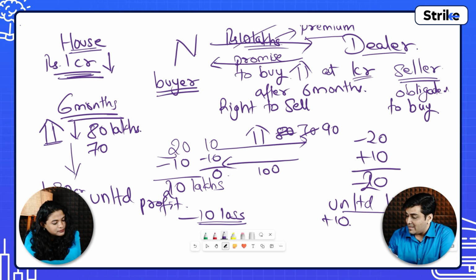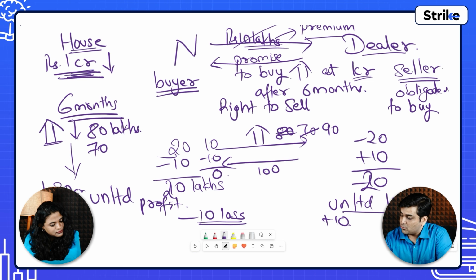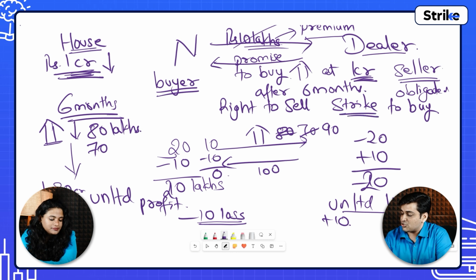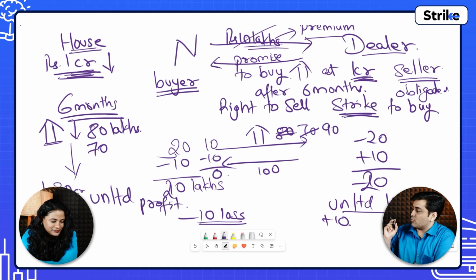So you would be happy to exercise your contract and go to the dealer if the price of the house falls below this particular value, 1 crore. This is called the strike price. It's not about web.strike.money, it's market lingo.